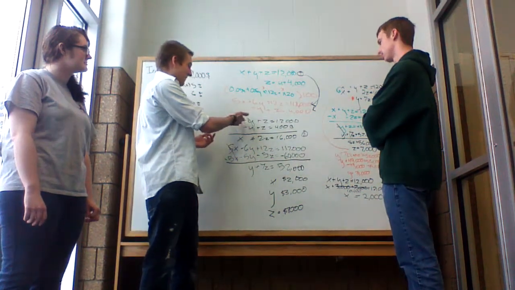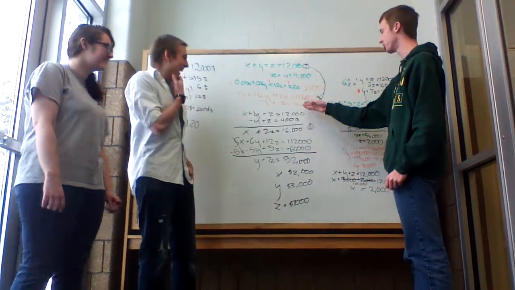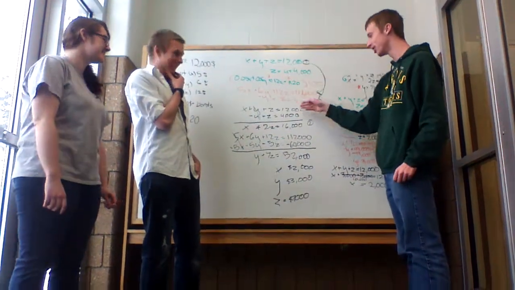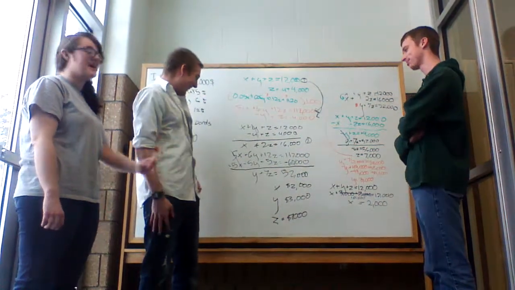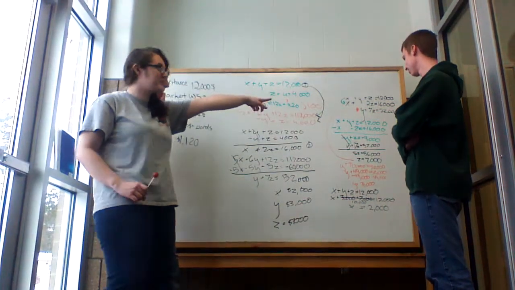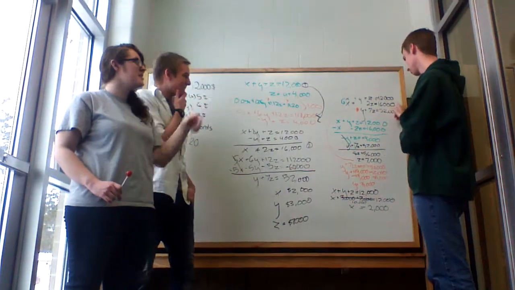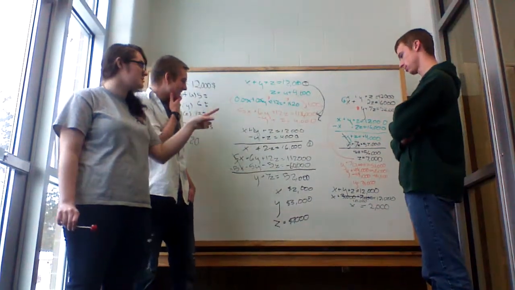Then we add them. Our initial equation was put on top, and then our second equation, we put that here, and then we did addition. We added them together and we got our new second equation, which is right under our first equation over on the other side of the board. The top equation is our first equation, so we will not touch that, and that will remain the same.